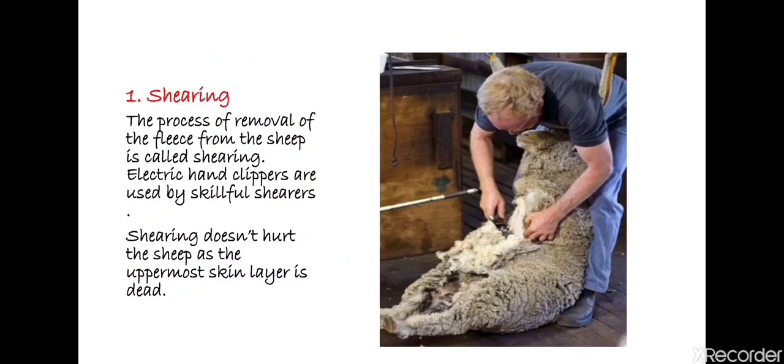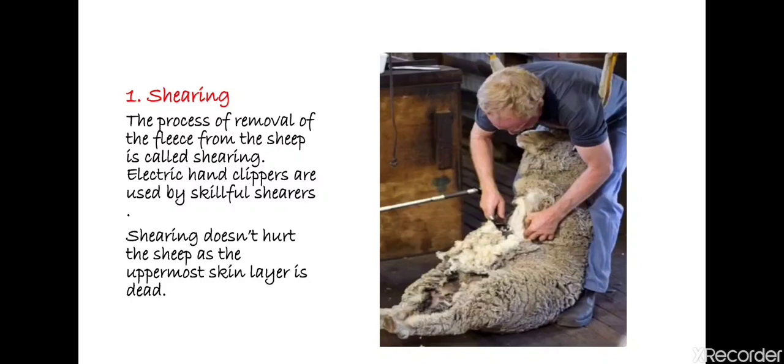So firstly we will be discussing shearing. Here you can see in the picture what shearing is basically. Shearing is a process of removal of the fleece. Fleece means the outer coat of animal skin. The process of removal of the fleece from the sheep is called shearing.